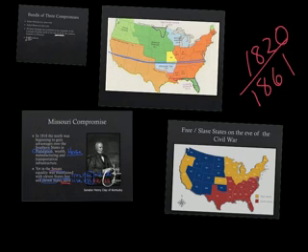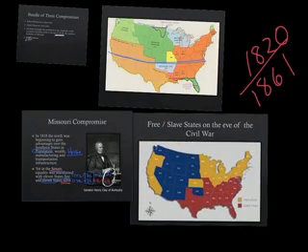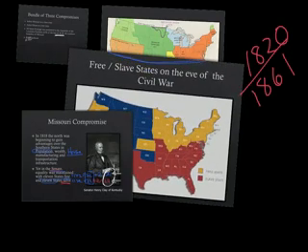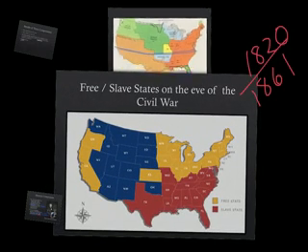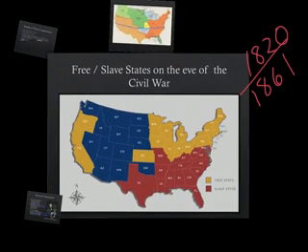But the writing's on the wall for the South. It becomes pretty clear that eventually a map, something to this effect, is going to take place, where you've got all of these northern free states and very few southern slave states.